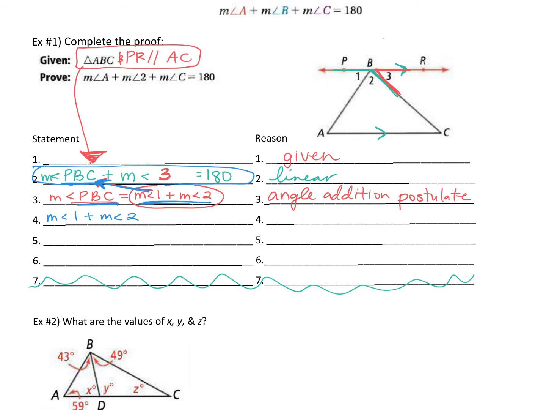So I'm putting in the 1 plus 2 in place of PBC. So measure of angle 1 plus the measure of angle 2 plus what we still have there, the measure of angle 3, should equal 180. Okay, 1 plus 2 plus 3 equals 180. That was just substitution. Do you see it? I just substituted what we knew it equaled.